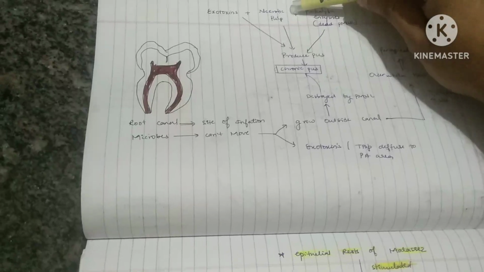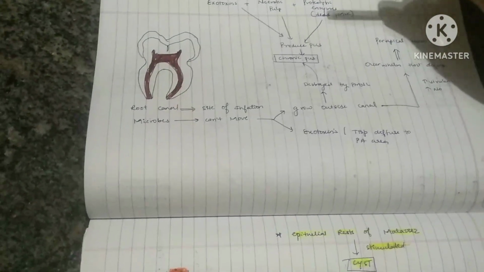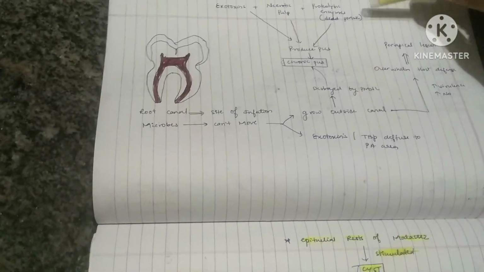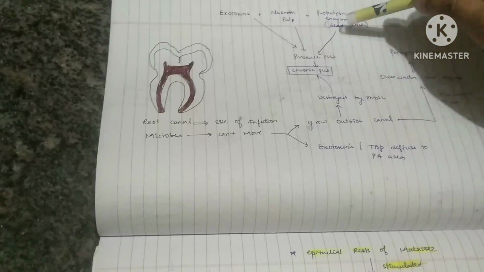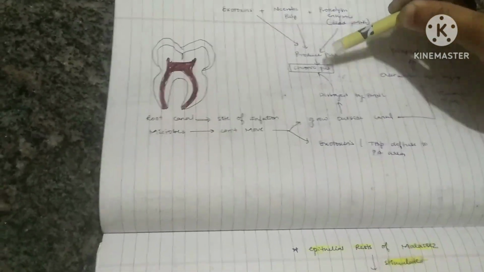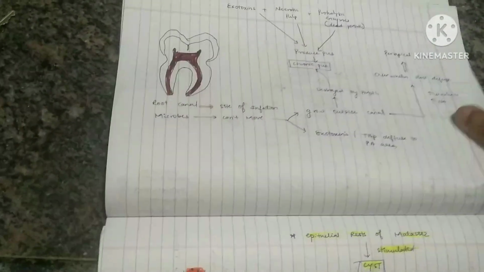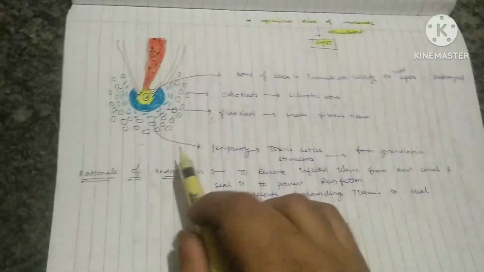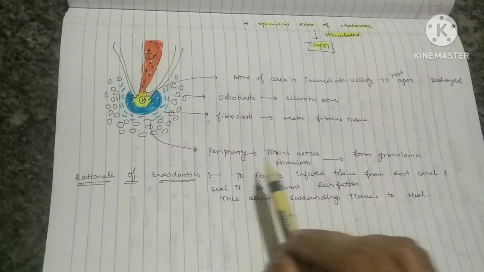Exotoxins, necrotized pulp, along with proteolytic enzymes which are released by the dead PMNM cells, all of this together constitute the pus. Which pus? Chronic pus. ठीक है. Now, the same thing is explained in the periradicular area. In the last zone, what we see is the peripheral toxins.